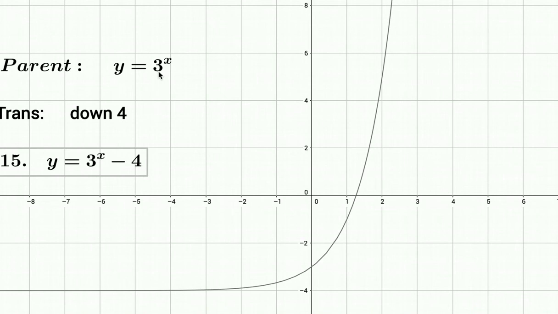That's the exponential function. The transformation I see, because I was expecting the x-axis as my horizontal asymptote, it went from the x-axis, y equals 0, down to y equals negative 4. So I know everything is being moved down by 4 units. So the equation itself is going to be y equals 3 raised to the x power minus 4.